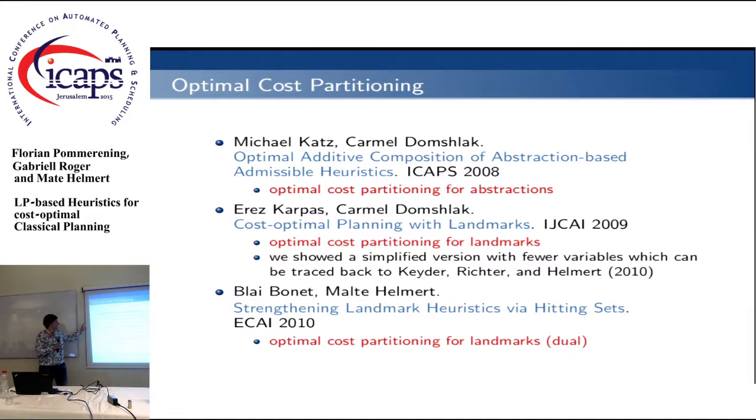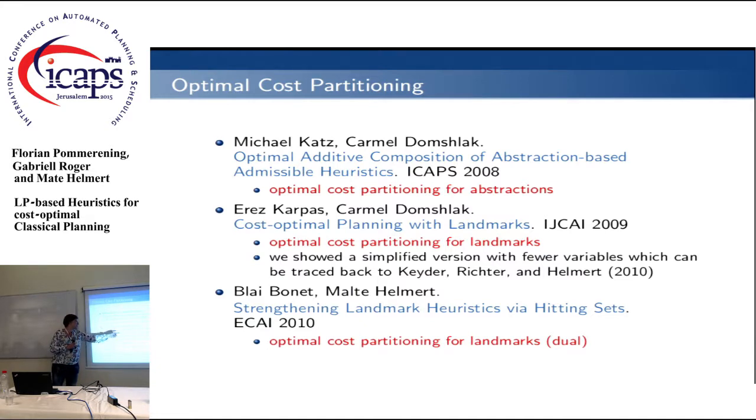The cost partitioning for landmarks goes back to Erez Karpas and Carmel Domshlak, and in their paper they have a slightly more complicated, or actually more intuitive, version, which uses lots of unnecessary variables. What I showed here is a slimmed version, which is slightly more efficient to compute, and it's nowhere published.